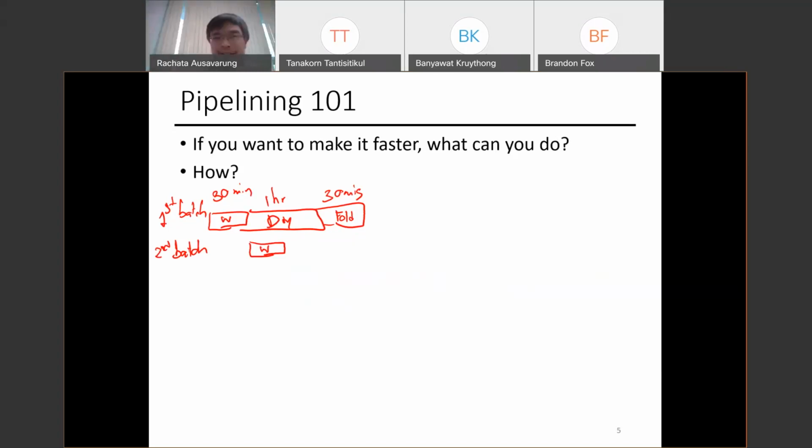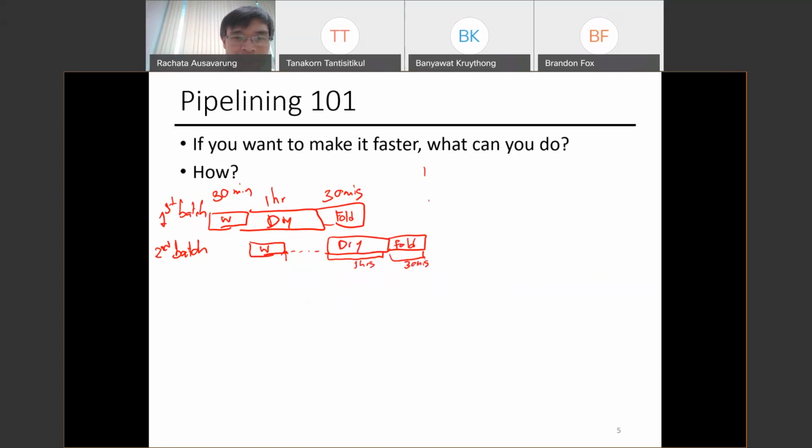And when can I dry it? 30 minutes after this point, right? The drying machine is still busy with the first batch. So you dry it here. And then you fold it, right? So this whole thing is 1 hour and this is 30 minutes.